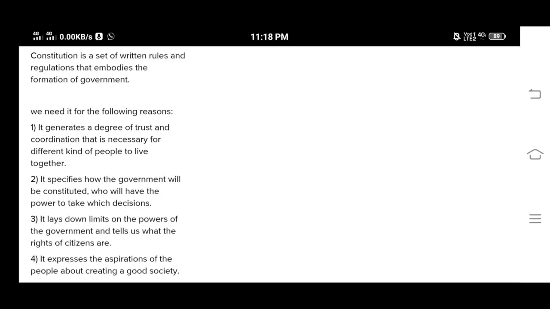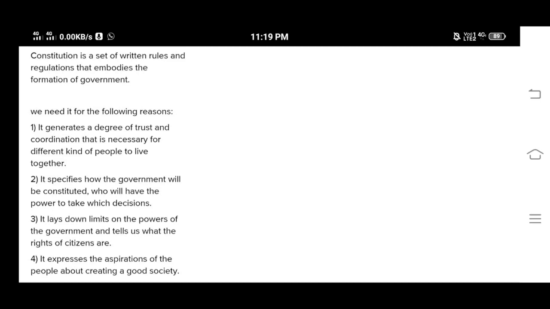What does it mean? It means that constitution is a symbol of expression of people who are aiming for making a welfare society. Hope you understood the title of this chapter, that what constitution means and why we need it.